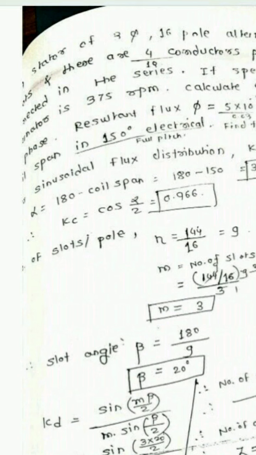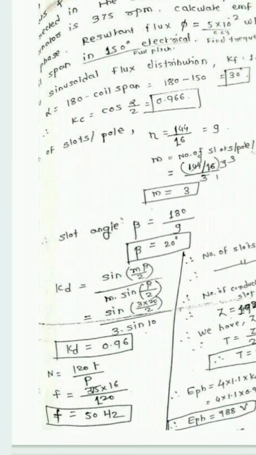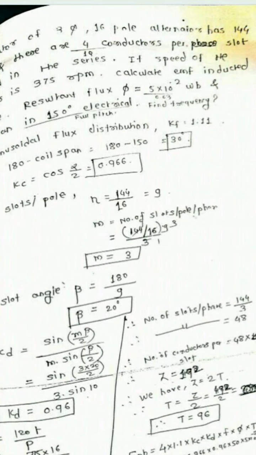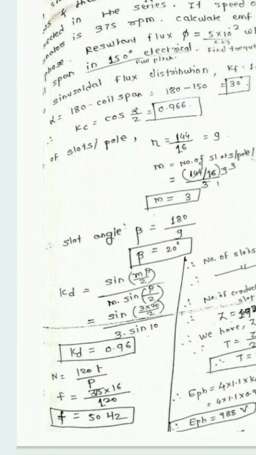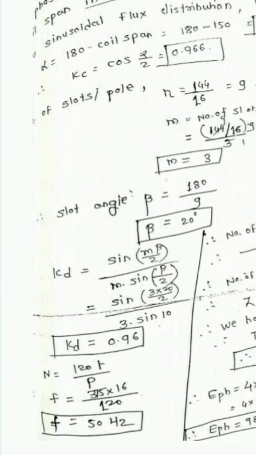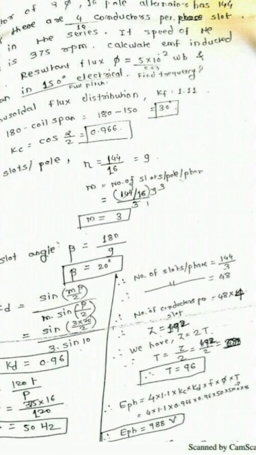The speed is 375 rpm and the number of poles is 60. Multiplying, we get the value of frequency as 50 hertz. So we now know the values of Kp, Kd and frequency.